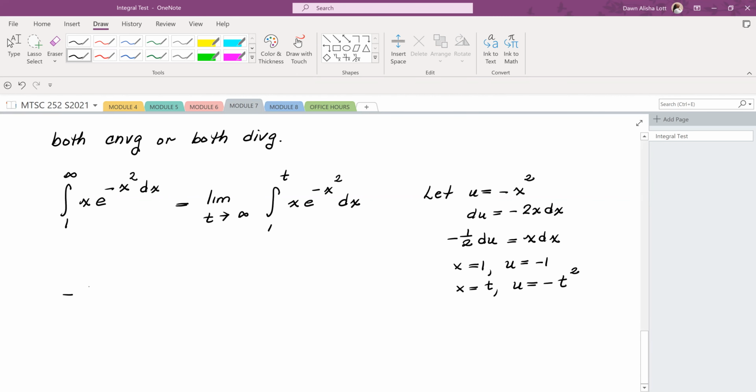So this becomes the limit as t approaches infinity of the integral from -1 to minus t squared of x dx is 1/2 du. So this is 1/2 e to the u du.